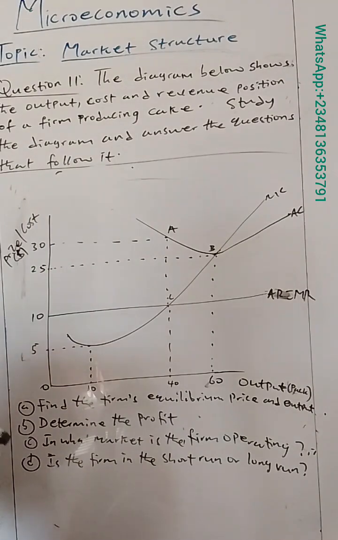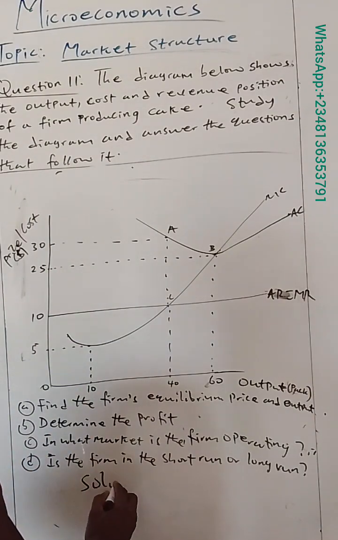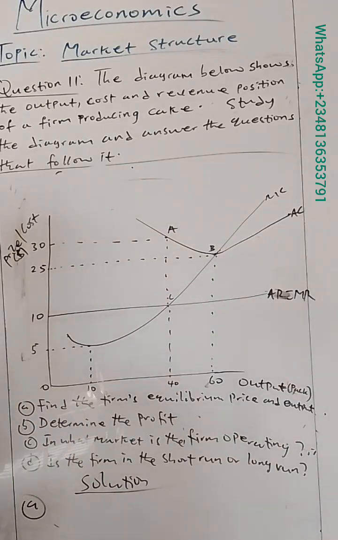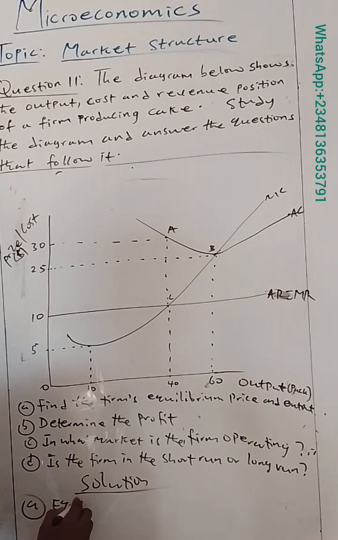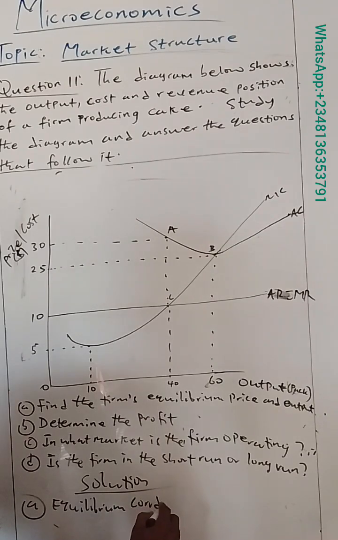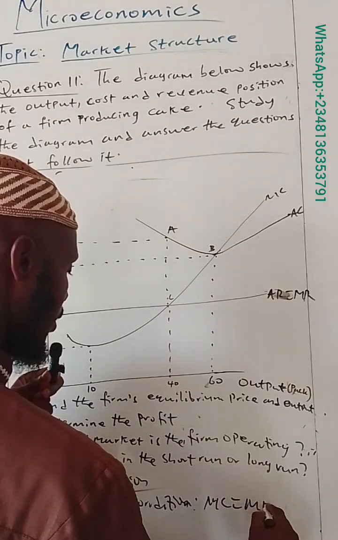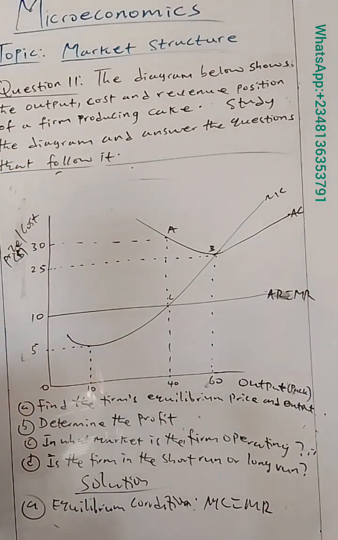So let me do it here. Solution. So A, we are asked to find the firm's equilibrium price and quantity. Don't forget the equilibrium condition of the firm is that MC is equal to MR. That's the firm is in equilibrium when MC is equal to MR.